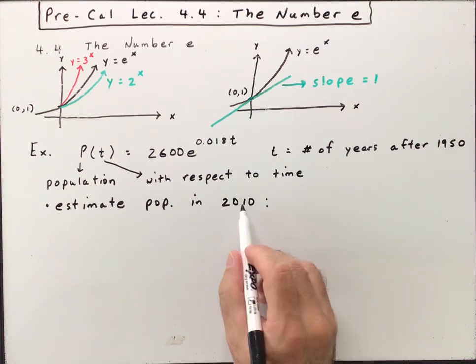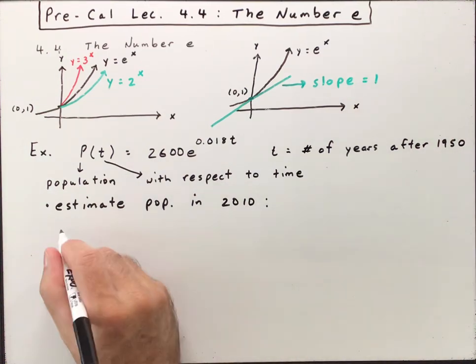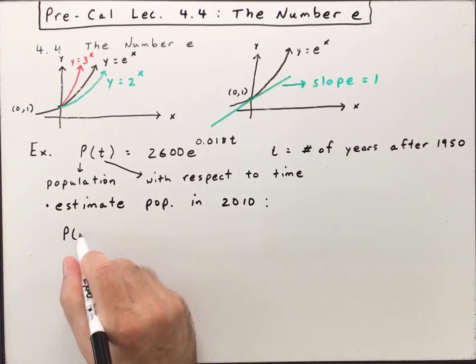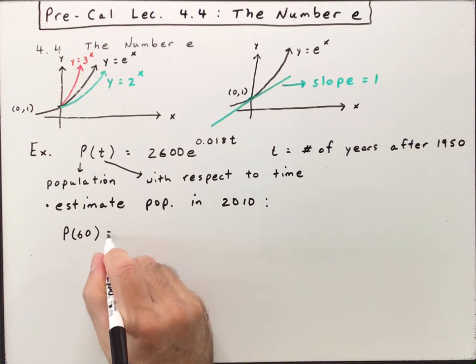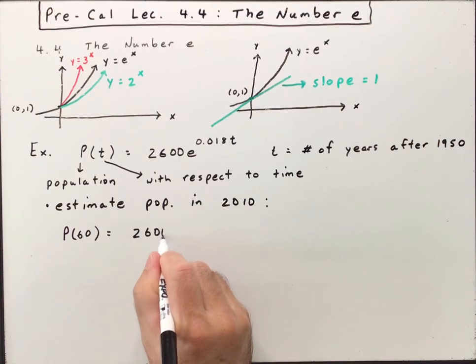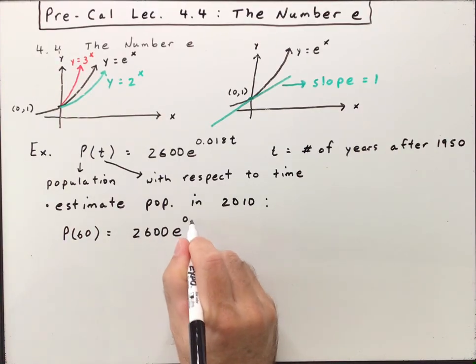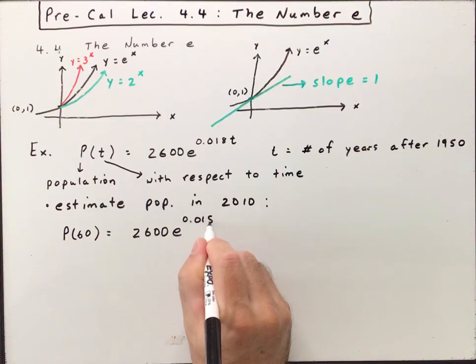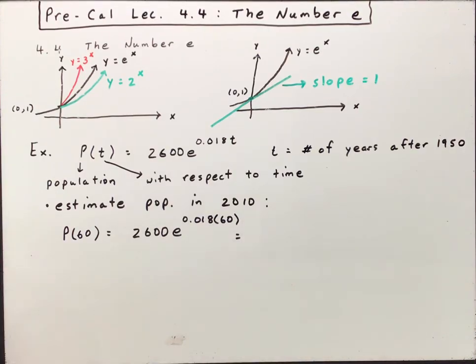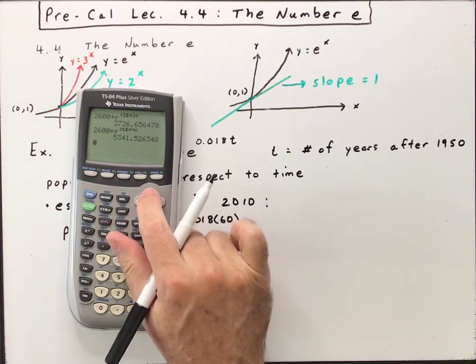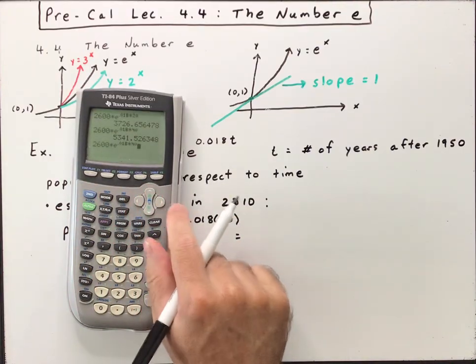All right, so in 2010, that's 60 years after 1950. So P of 60 would be 2600 E to the 0.018 times 60.